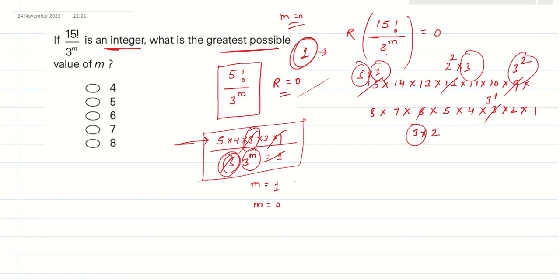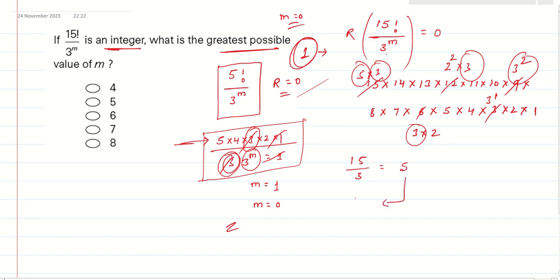See, there is one more way of doing it. There is one strategy. Let's say I want to find out the number of 3s in any factorial term. What I'll do, one small strategy. Whatever the term is, say 15, divide by 3. How much will you get here? The quotient 5.